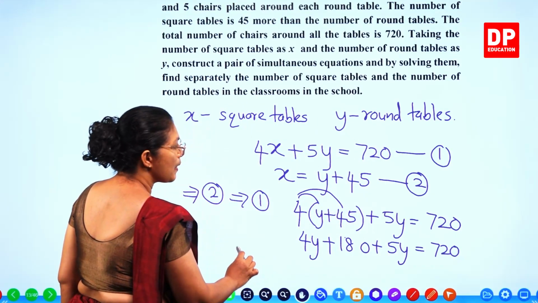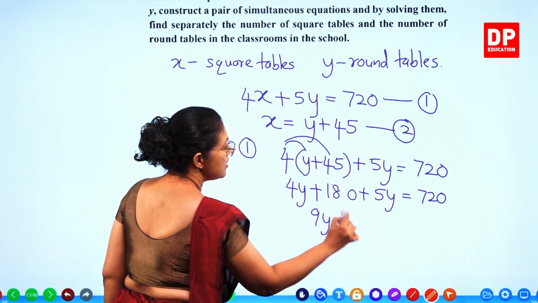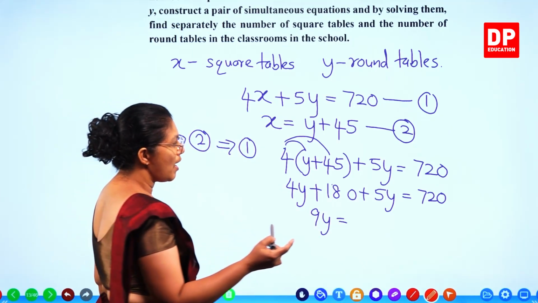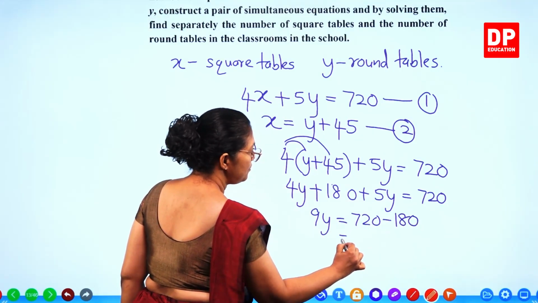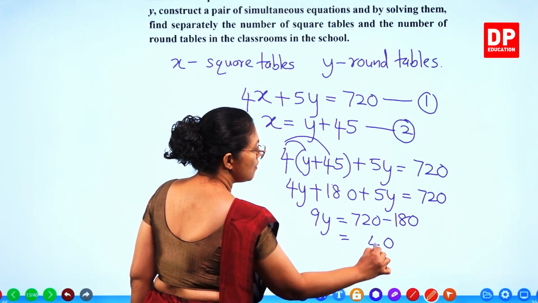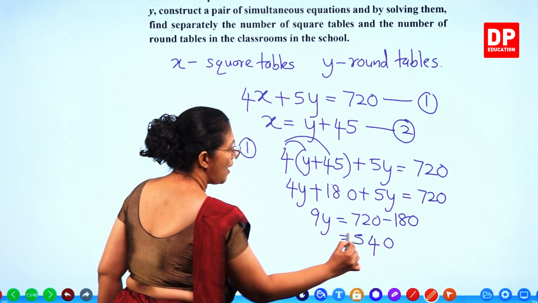Now 4y and 5y becomes 9y. Take 180 to the other side, subtract: 720 minus 180. You get 540.